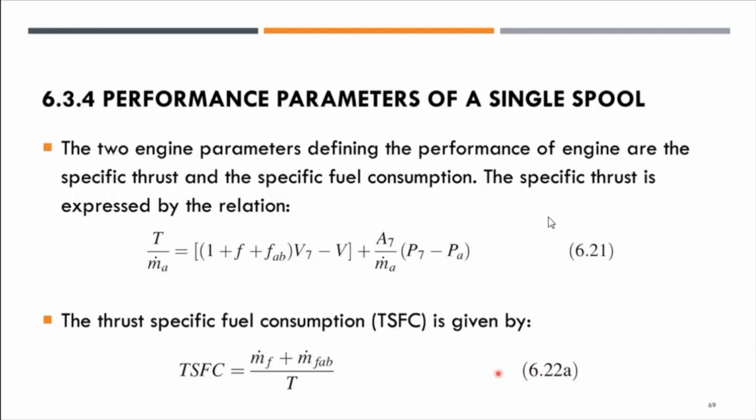Okay, so in this case, you can see that this is with afterburner, mass flow rate for the fuel with afterburner, and the mass flow of the fuel over the thrust. You can get the thrust specific fuel consumption, TSFC.